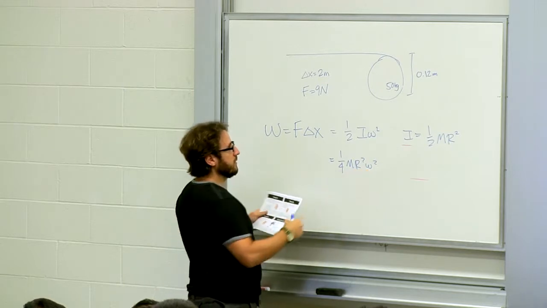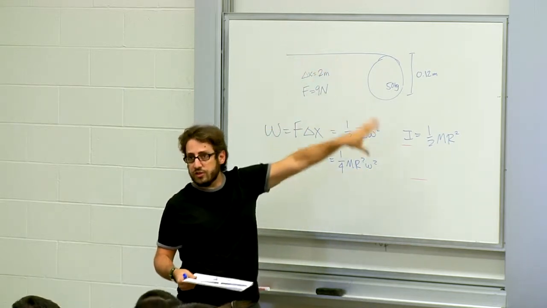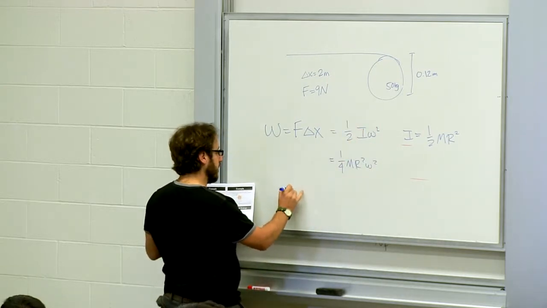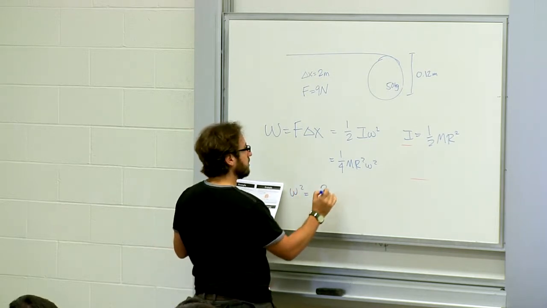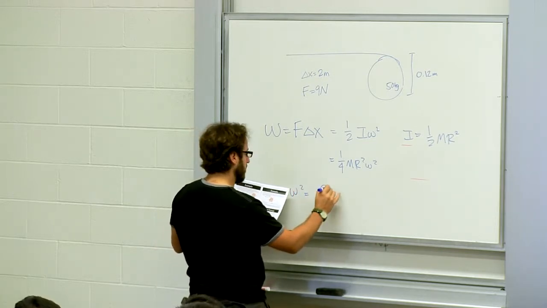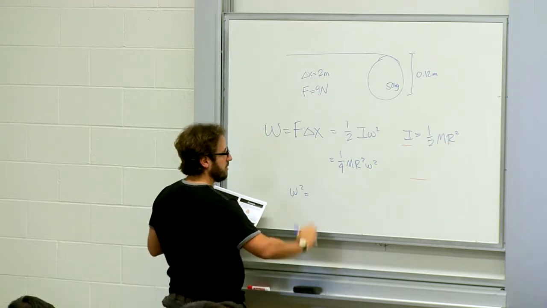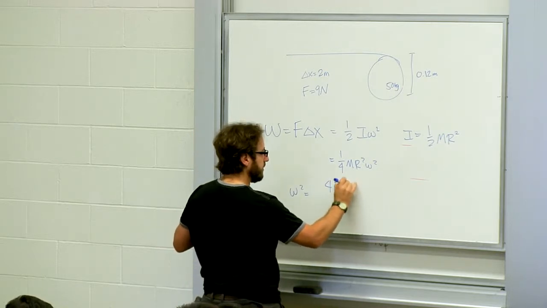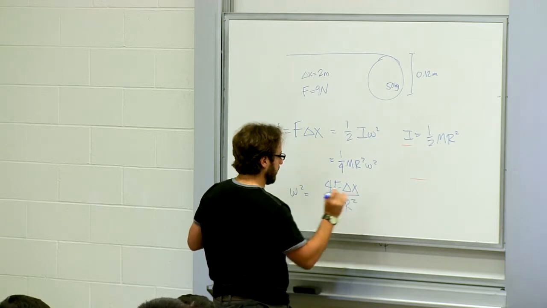Now we turned work into kinetic energy. Kinetic energy is a simple relationship to velocity, which is what we want, right? So we can just solve for omega in terms of F delta x over m r squared, right?